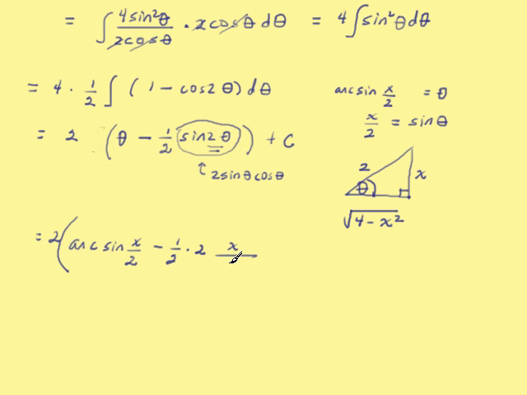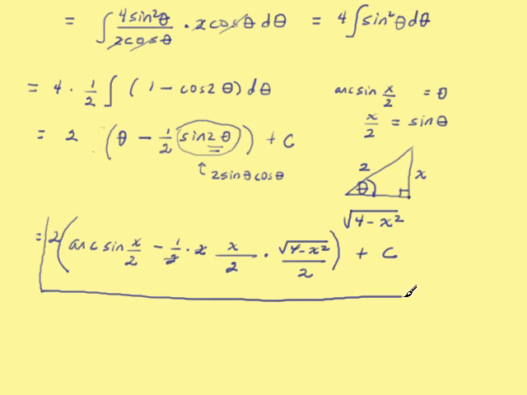Sine theta is just x over 2. And cosine theta is adjacent over hypotenuse, over hypotenuse 2. Okay, so that's our solution. We should really just cross off these 2's, and we could simplify a little bit, but I'm going to leave it like that.